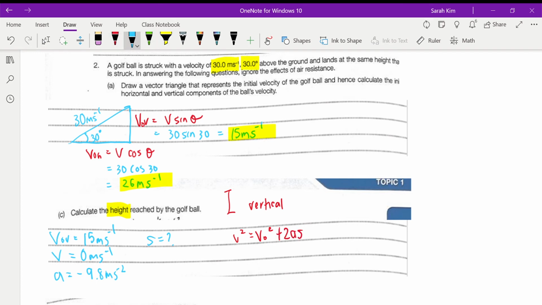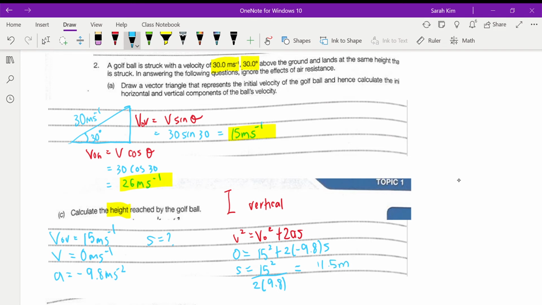Let's sub those values in. So my S must be 15 squared over 2 times 9.8, so that would be 11.5 meters.